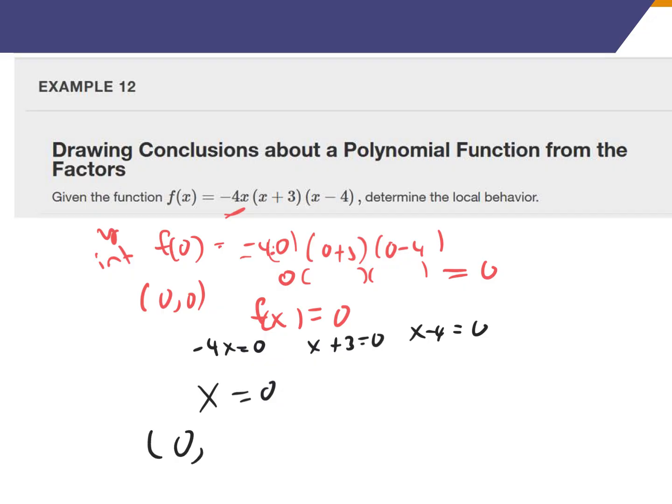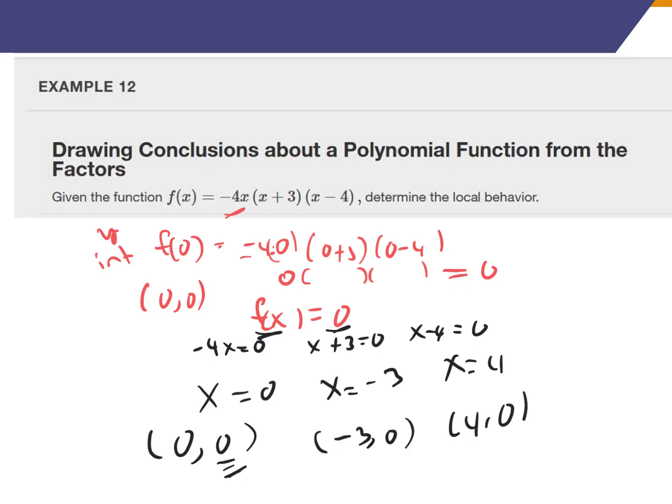That would be 0, comma 0, because the y value has to be 0. For this one, subtract 3 from both sides. X is a -3. That would be a -3, 0. And then this one, x could be a 4. That would be a 4, 0. Those are my x-intercepts.